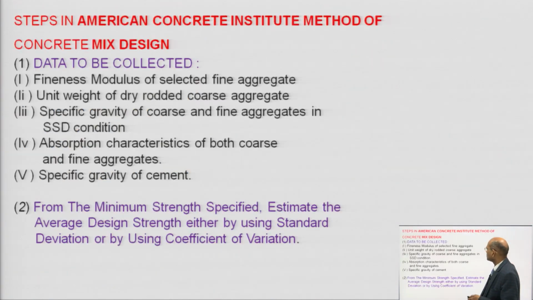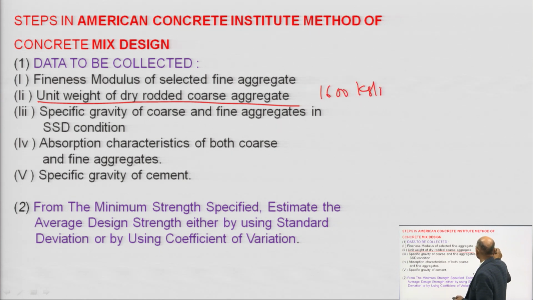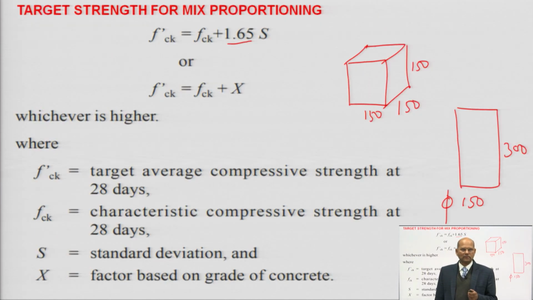So, we need one data: the unit weight of dry rodded coarse aggregate. Let us say I assume it is 1600 kg. Just for example, by doing the experiment we have got 1600 kg per meter cube.